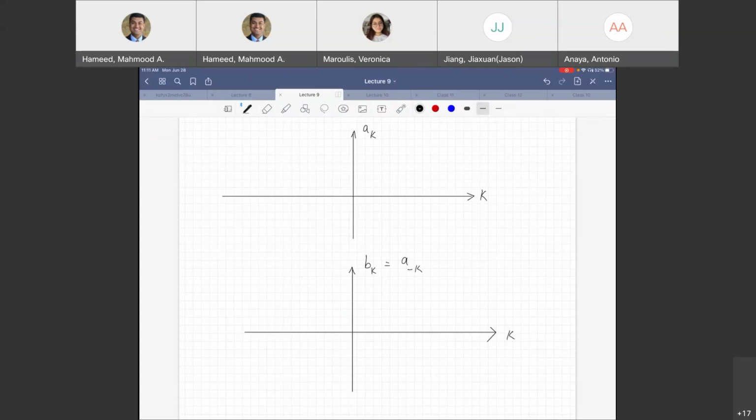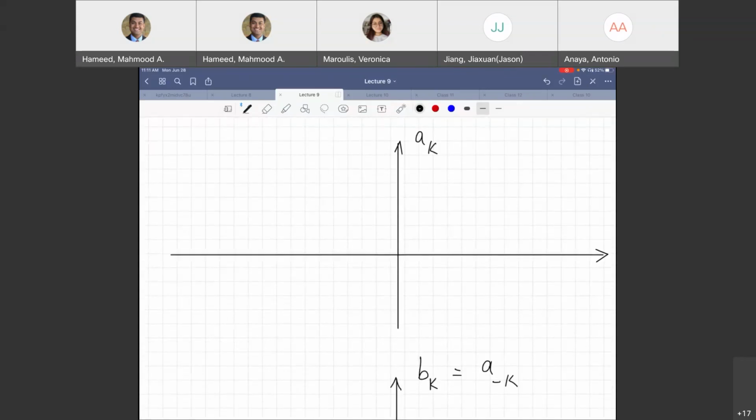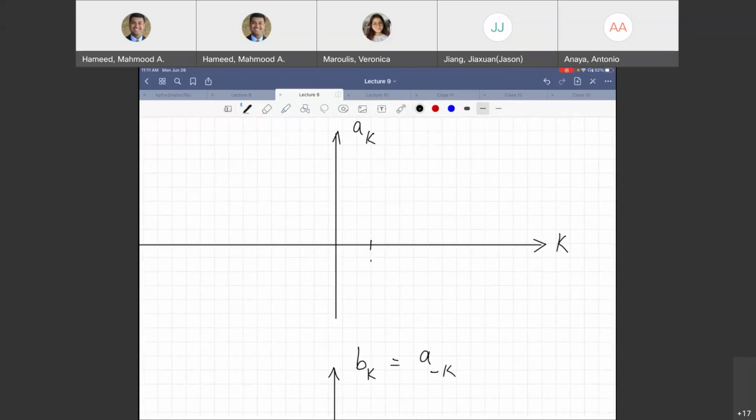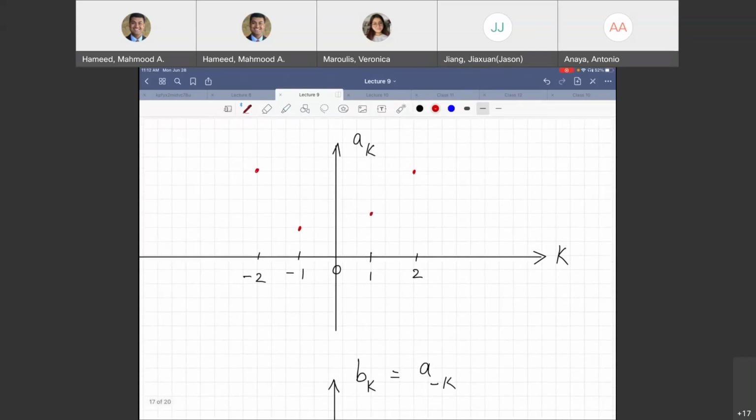Suppose you are given a sub k, let us say for 1 and 2 and 0 and negative 1 and negative 2. You have some value there, some value there. I'm just going to write them as some complex numbers. Don't worry, I'm capturing both the magnitude and phase in one. I'm just writing it as a complex entity.